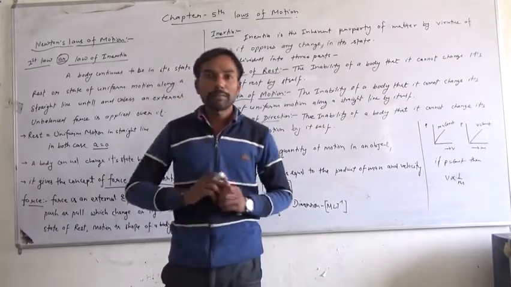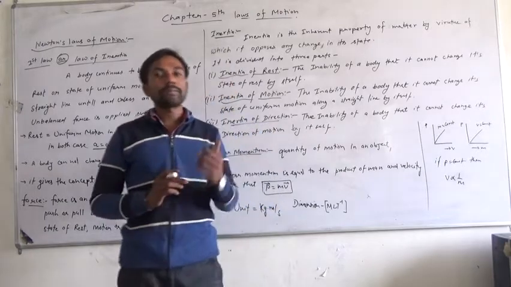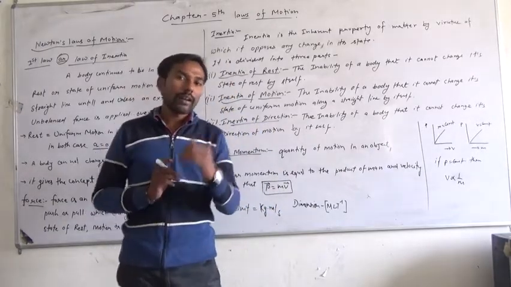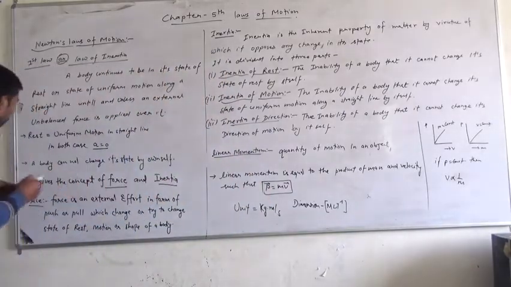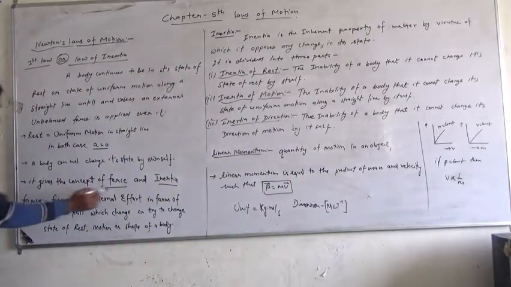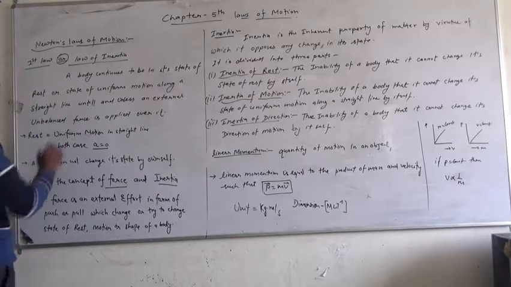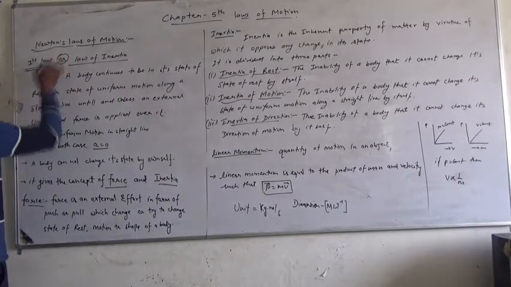So the first law of motion provides us the concept of force, and the law of inertia, that is, the concept of inertia. Both the concept of force and inertia come from the first law of motion.